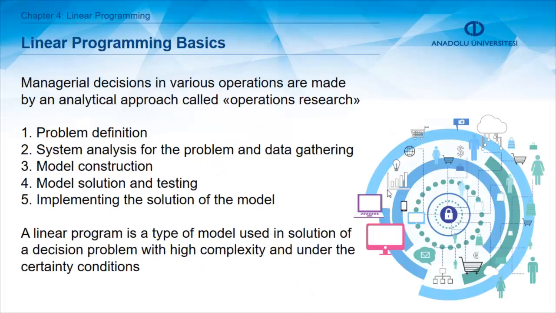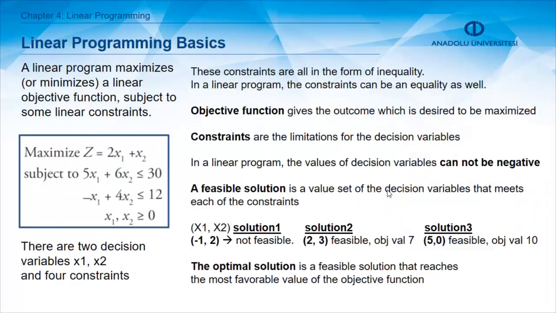A linear program is a type of model used in solution of a decision problem with high complexity and under certainty conditions. That means in this chapter, the linear programming is a method used in the condition of certainty.